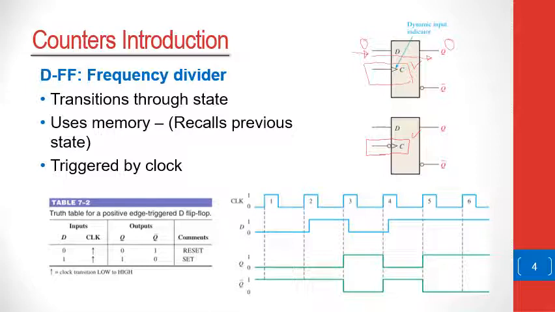If there is a 1 on the positive edge of the clock, the 1 will show up in Q after the rising edge of the clock. The D flip-flop itself acts as a basic element of memory because it can recall its previous state.